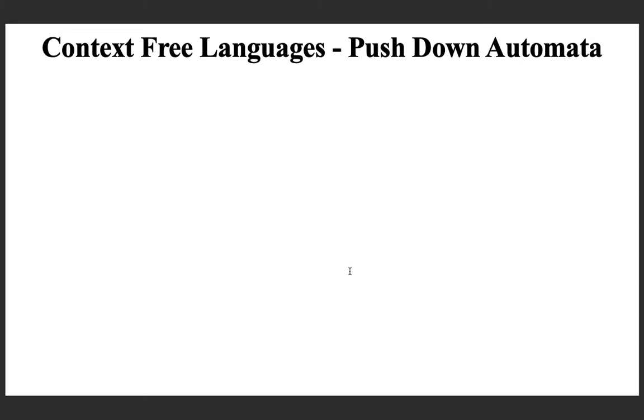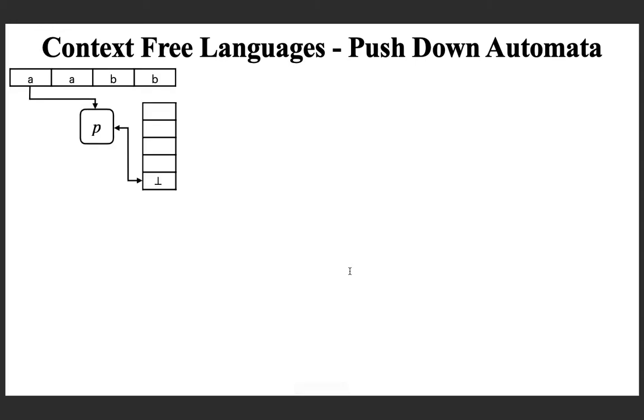Now, we can try to understand what a push-down automaton is by an example. Here, consider a push-down automaton which is going to process this input aabb. Originally, the automaton is at state P, and unlike in the case of a finite state automaton, here each transition or movement is based on the current state, which is P now, the next input symbol a, and the next symbol on the top of the stack, which is bot.